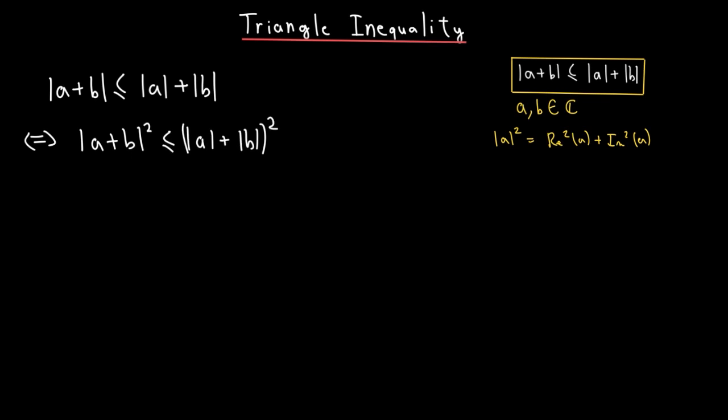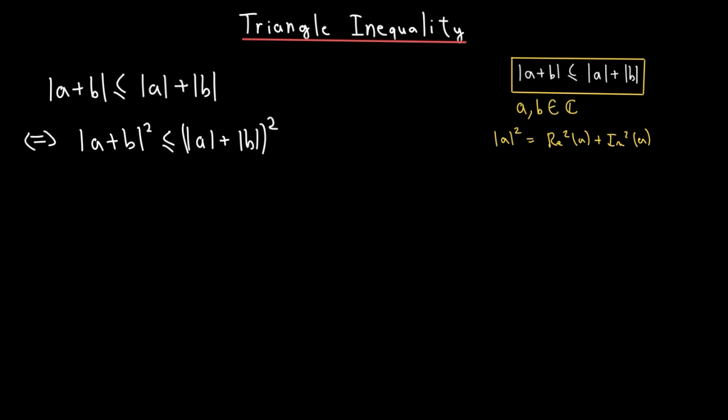And remember that the reason we can take the square on both sides is because this expression is positive and this expression is positive, which means that it is equivalent to taking the square on both sides. And this inequality holds even when we take the square, because for positive numbers, the square function is a monotonically increasing function, which preserves the inequality.